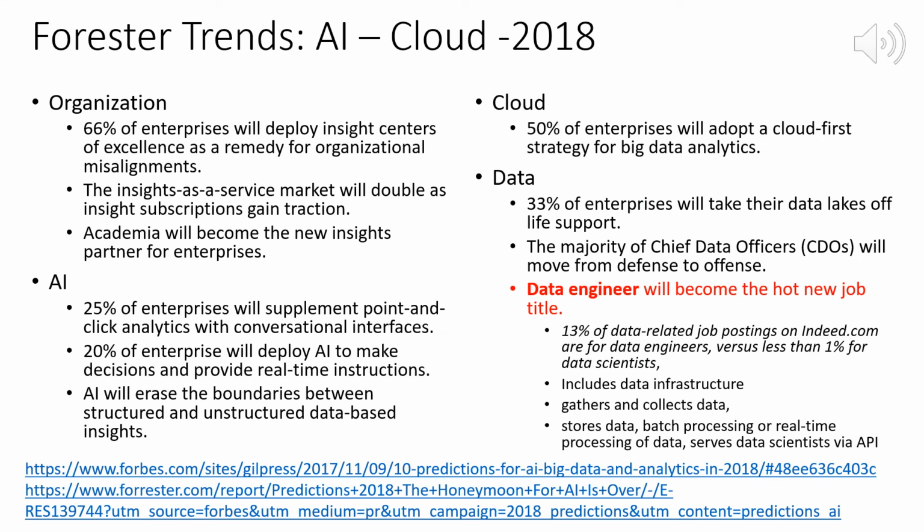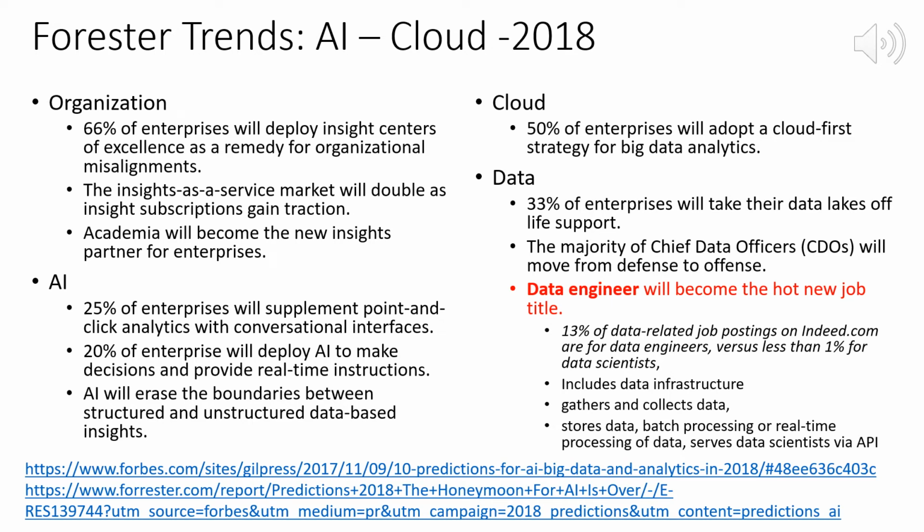As we have already brought up Forrester, we need to look at some of the trends that Forrester predicts. Here we are focusing mostly on AI and cloud-related trends that Forrester observed. We see first that there's an organizational change taking place, which Forrester sees as important.